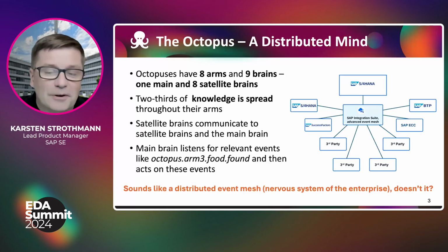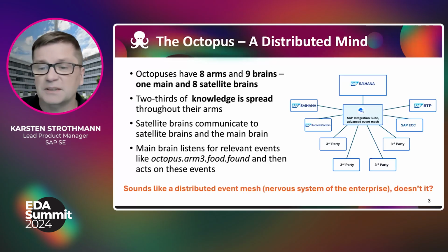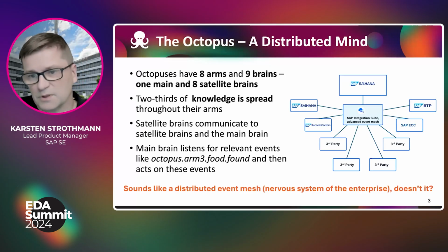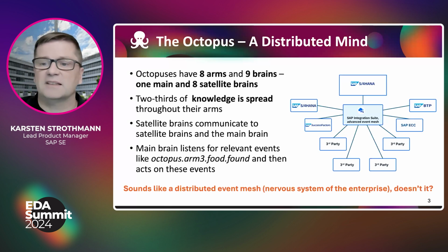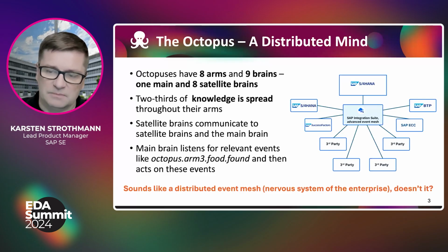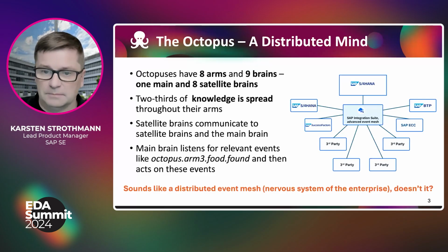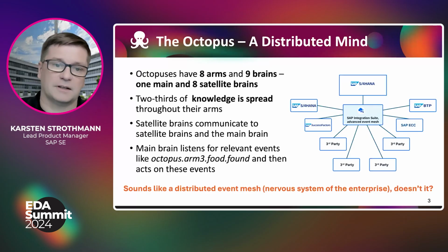And I've organized that to look a little bit like an octopus, because what we're doing at SAP in respect to our event-driven architecture, we're building a nervous system of the enterprise based on SAP Integration Suite Advanced Event Mesh, our flagship event program. The backend systems that you see in there, S4HANA, S4 Cloud, S4HANA Cloud, SuccessFactors, SAP ECC, they are event-enabled as well. So we'll see that later on.